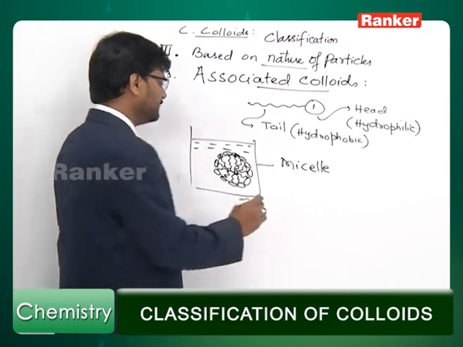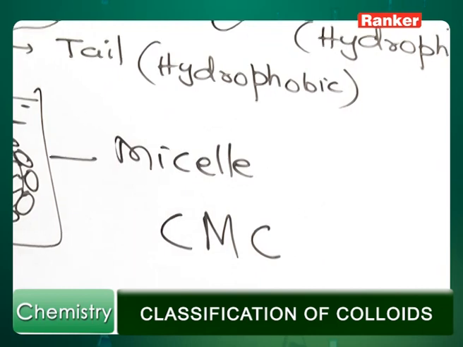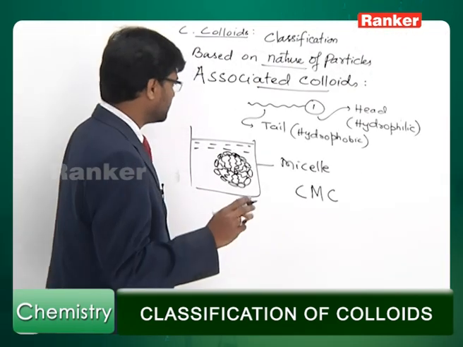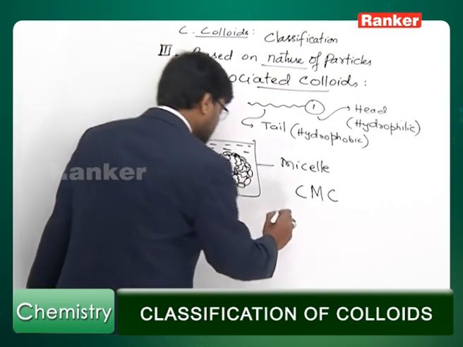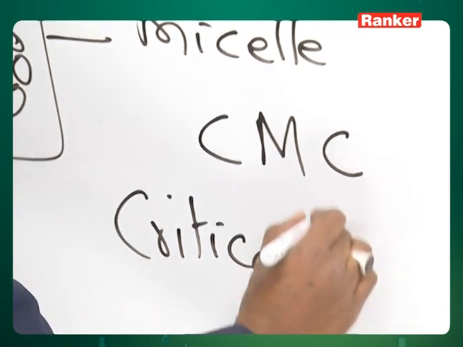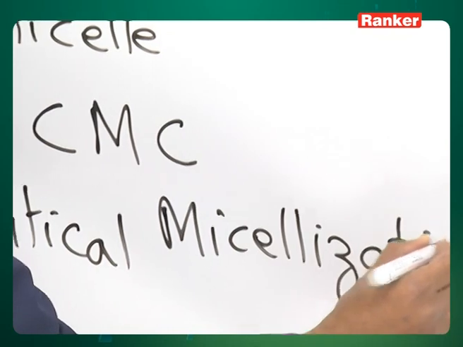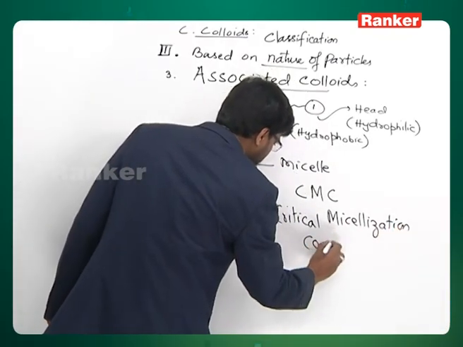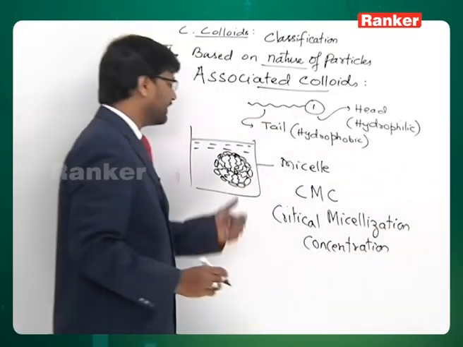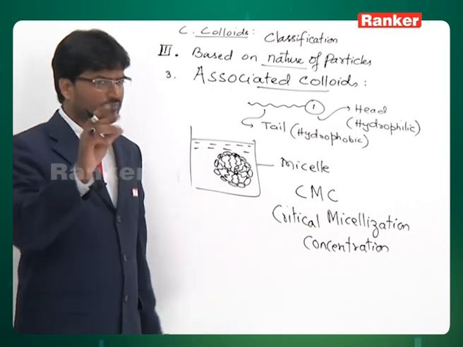Here I would like to introduce two important terms. One is CMC, critical micellization concentration. I told you at low concentration they exist as discrete particles in the solution and form a true solution.